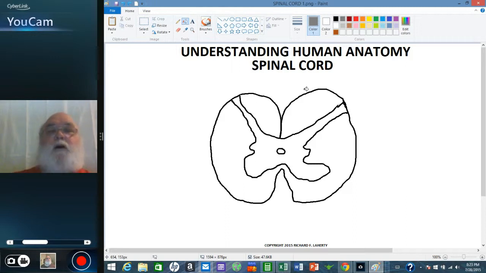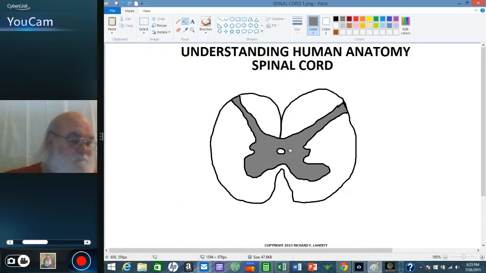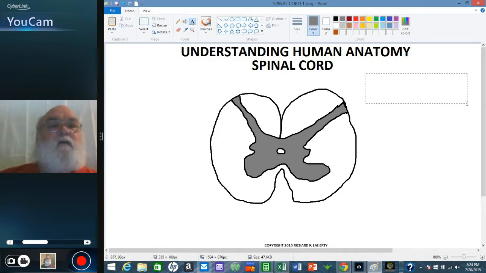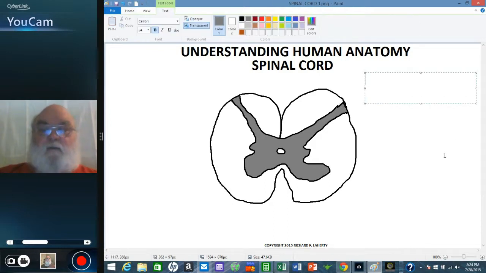The inner butterfly area is gray in color, while the outer part of the spinal cord is white. We call the gray area gray matter.